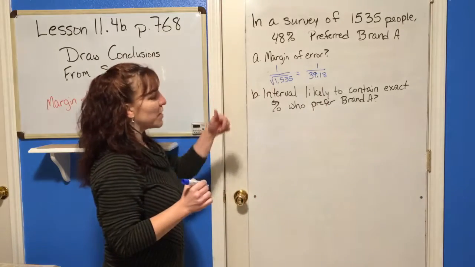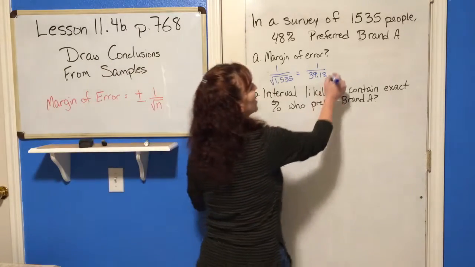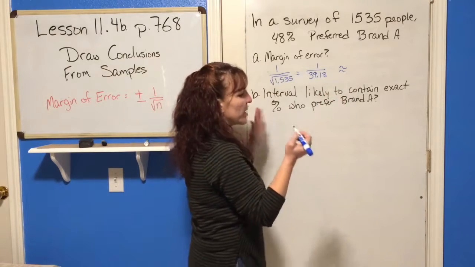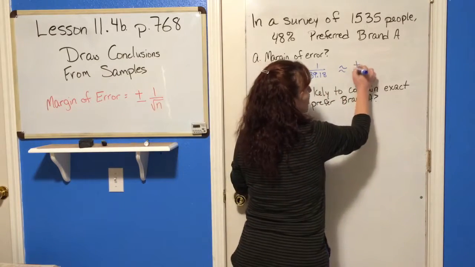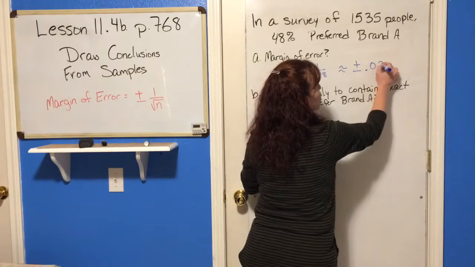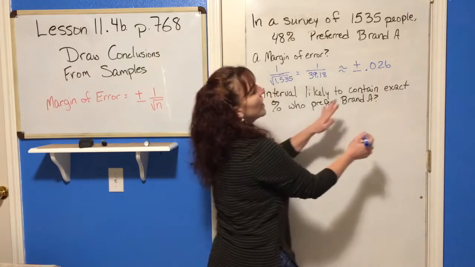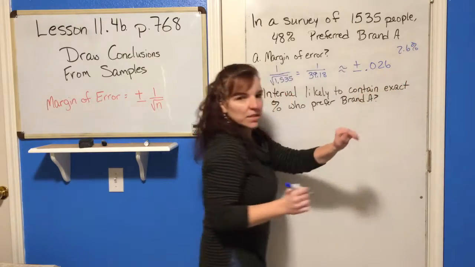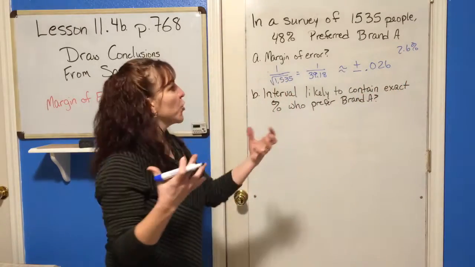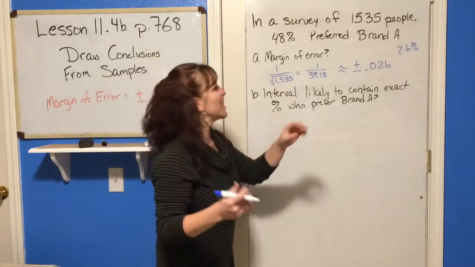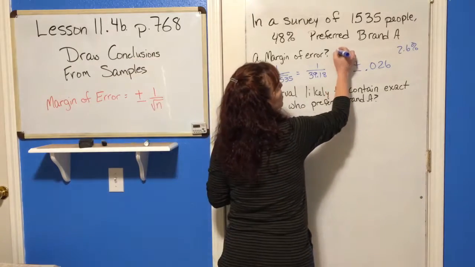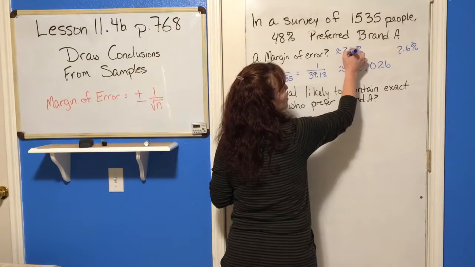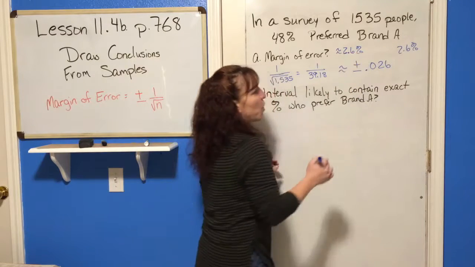Then you take 1 divided by 39.18, and your margin of error is roughly plus or minus 0.026, or you could also say 2.6%. Remember, going back and forth between decimals and percents. So the margin of error is about 2.6%, and these are all going to be estimates. They're not going to be exact, and that's going to be okay.